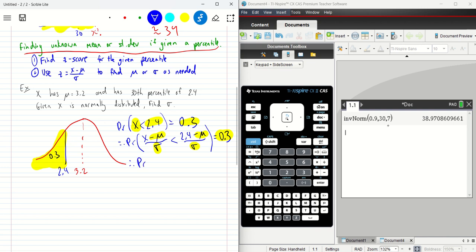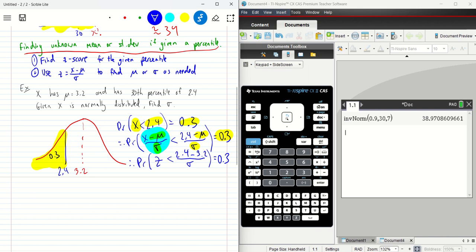So let's have a look at what this is, the probability. If you remember this stuff, X take away mu over sigma, that is the Z standardized score. So that is Z there, and that's less than 2.4. Do we know the mean? Yeah, we did. Minus 3.2, and we don't know sigma, it is equal to 0.3.